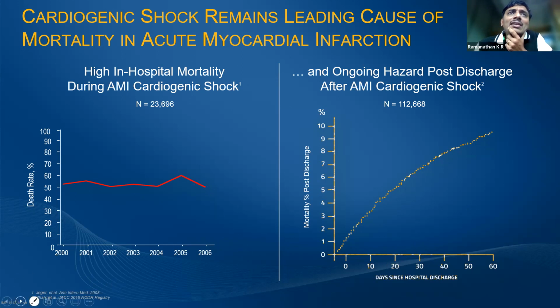So I'm just trying to put forward the gravity of the problem here and why we need to look at it differently despite having advanced things at our disposal. So there is definitely a need here not to just look at the outcomes, but to act towards improving it, especially with technology in our hands.